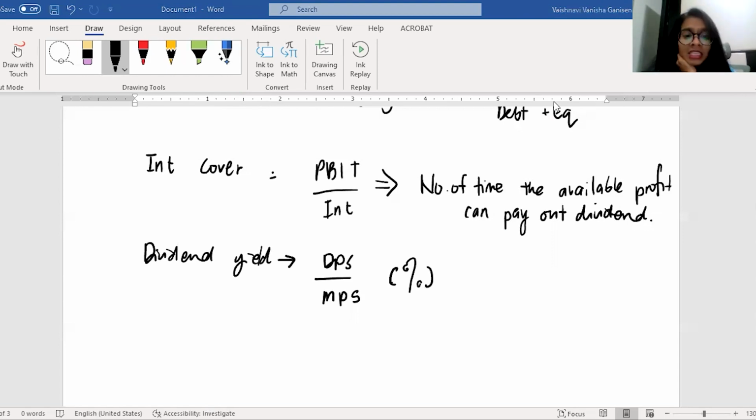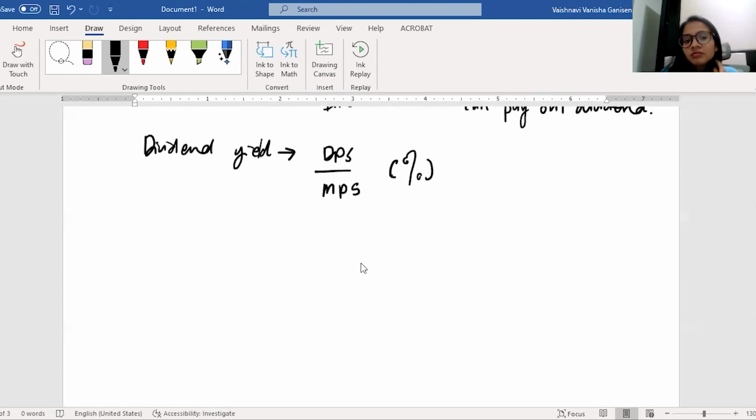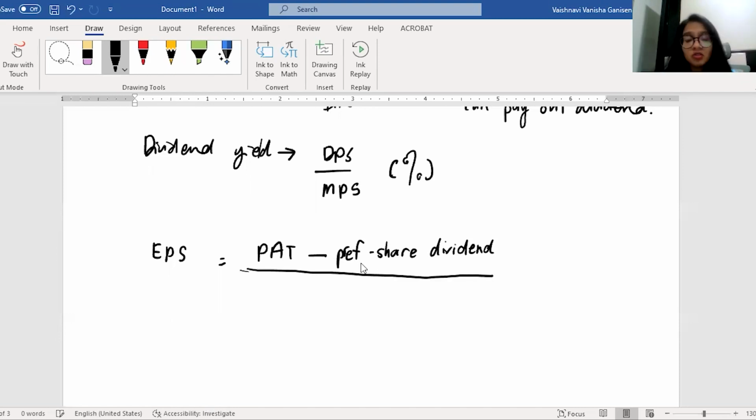The next one, EPS. I think this is something that you can relate to. It is PAT. Remember, if you have preference share, you need to minus preference share dividend. Don't forget this, guys. You always forget. I've had students who forget this and lose marks for no reason. Over number of shares.